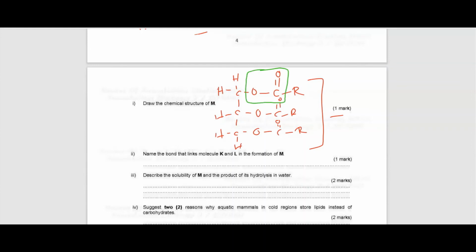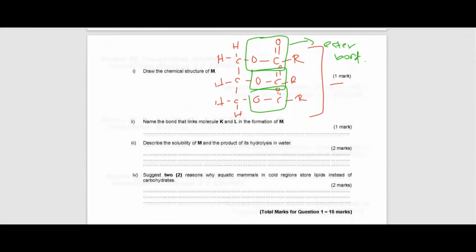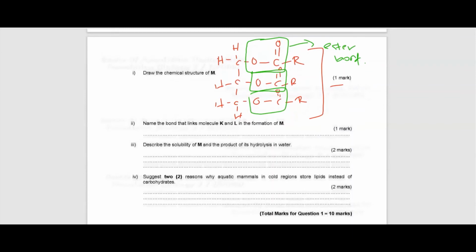Oxygen, carbon, oxygen. So the molecule involves the bond between oxygen, carbon, oxygen, which is ester bond. So the name of the bond that links molecule K and L is ester bond or ester linkage.